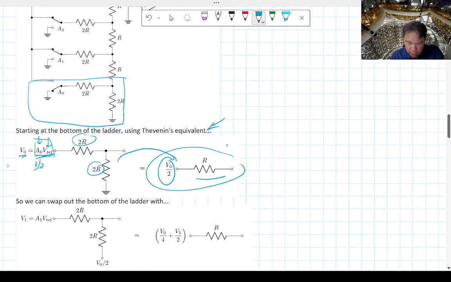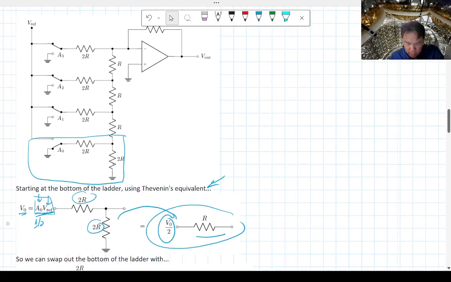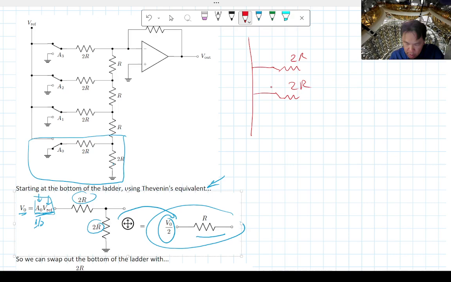And now what we can do is attach that to the bottom of the ladder. I'm going to draw the ladder again just for practice, but I'm not going to draw the last part. You have this 2R here, then you have a 2R here, with an optional switch.